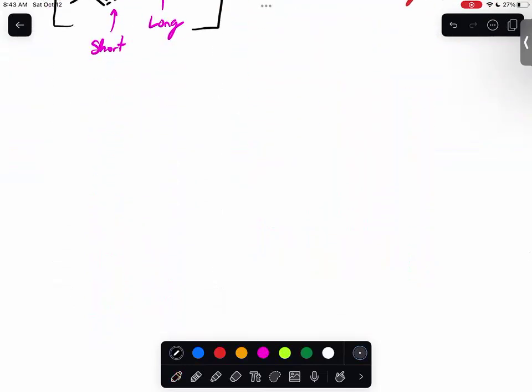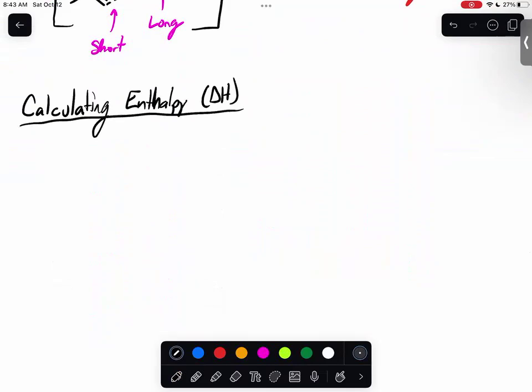What about delta H? What about calculating enthalpy? A lot of what we've been doing is making assumptions of what the delta H should be based on what things look like. Sometimes that is what you have to do, but there is another way to calculate these that we have values for.